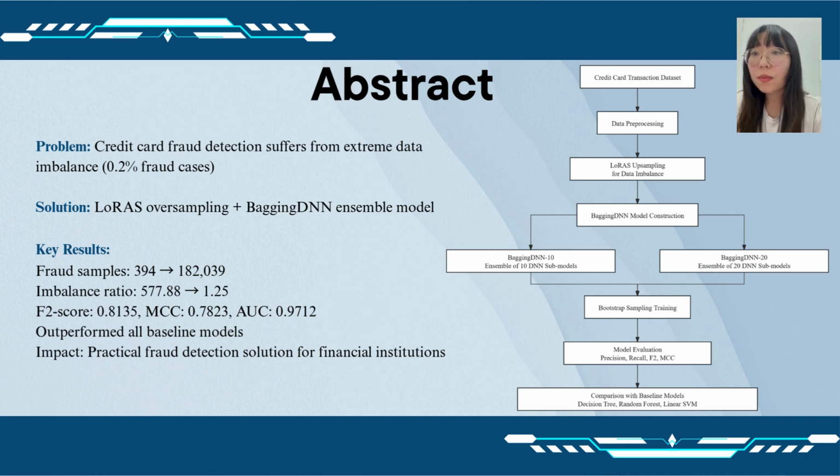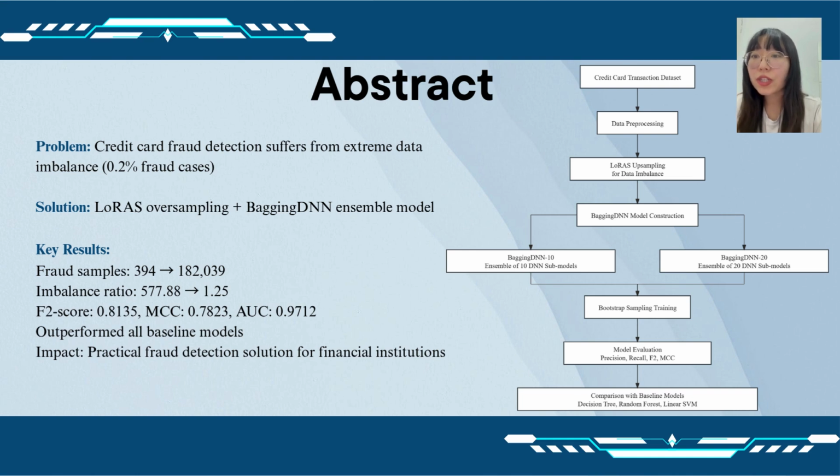To solve this problem, this research combines the low-res oversampling technique with a Bayesian DNN ensemble model. By generating a large number of high-quality fraud samples, the imbalance ratio was reduced from 577 to 1 to 1.25 to 1. As a result, this research achieved impressive performance on several key metrics.